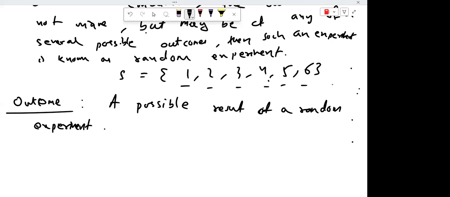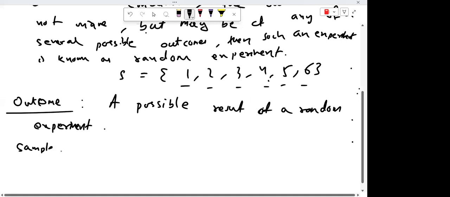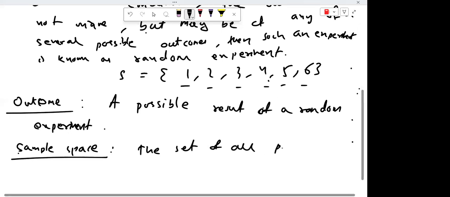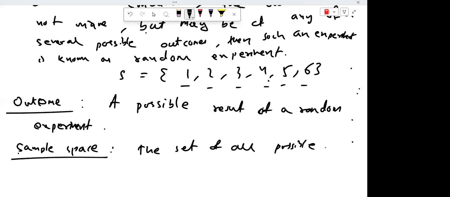It is a possible result of this experiment. So that is called an outcome. Sample space: the set of all possible outcomes of a random experiment. Note it down.